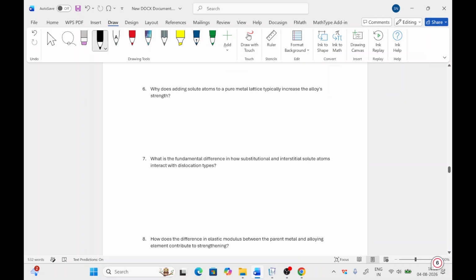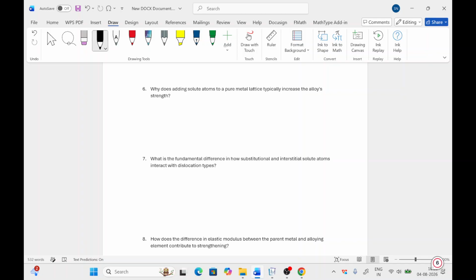So why does adding solute atoms to a pure metal lattice typically increase the alloy's strength? So we know that the pure metal is very soft, and as we add some other alloying element, it increases the strength of the metals.